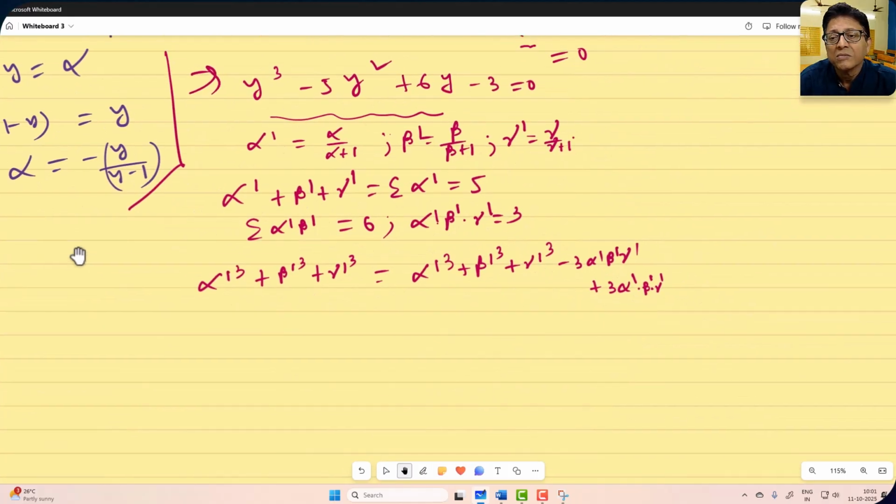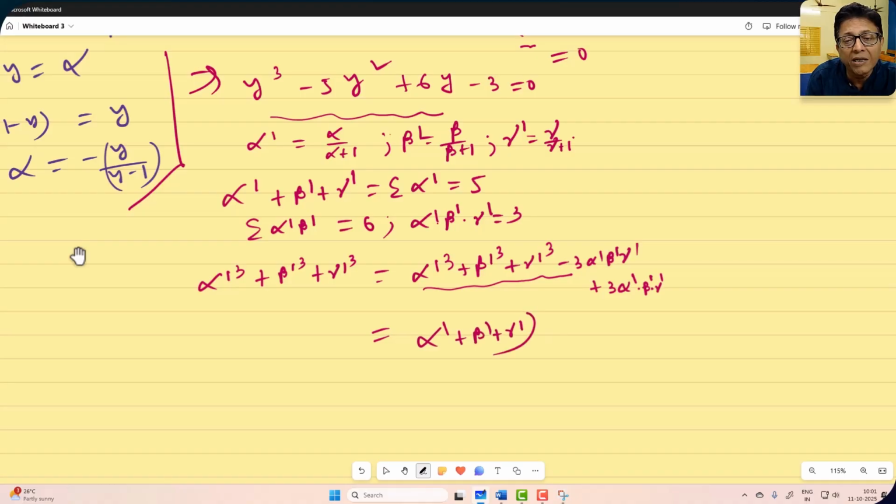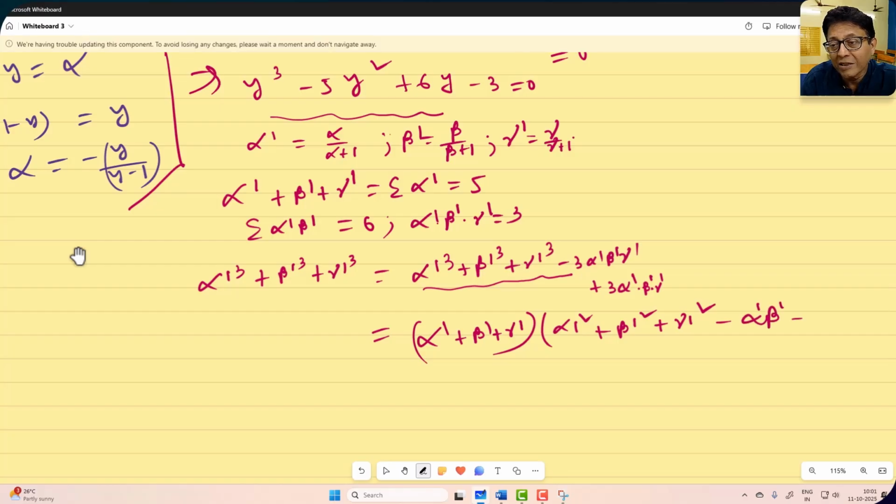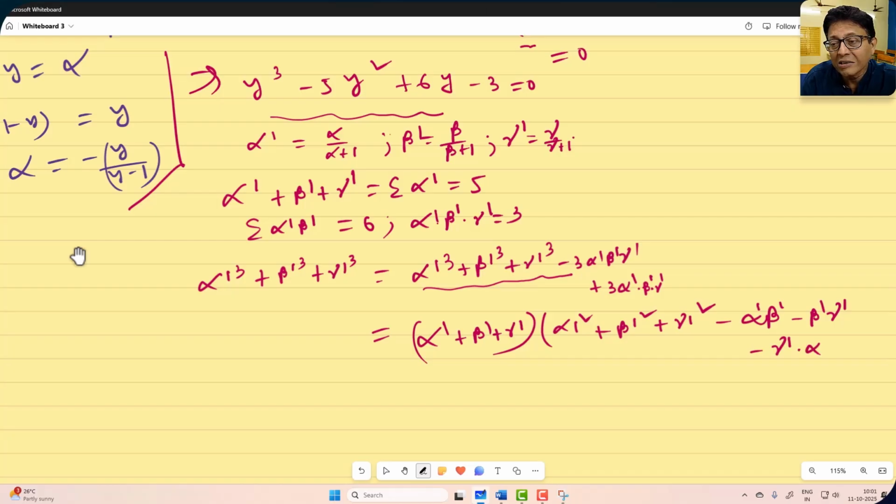Okay. Why have I written this? Because this can be simplified. It is alpha dashed plus beta dashed plus gamma dashed times alpha dashed square plus beta dashed square plus gamma dashed square minus alpha dashed beta dashed minus beta dashed gamma dashed minus gamma dashed alpha dashed, plus 3 alpha dashed beta dashed gamma dashed.